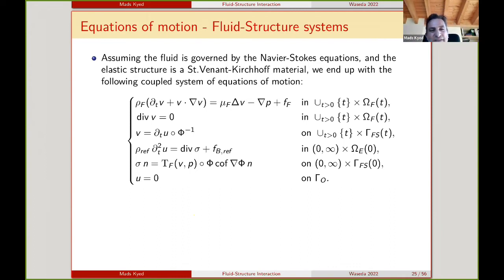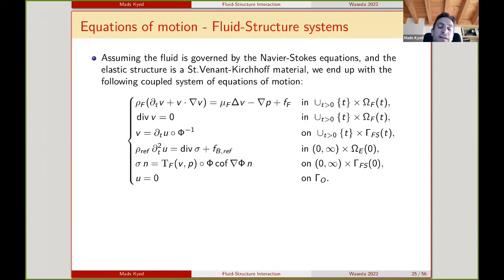So we make the assumption that our fluid is a Navier-Stokes fluid or a Newtonian fluid, incompressible. So we end up with a liquid governed by the Navier-Stokes equations. And we assume that our elastic structure is governed by the Saint Venant-Kirchhoff equations of motion. I think we say just it's the Saint Venant-Kirchhoff material. That's how we express this assumption.